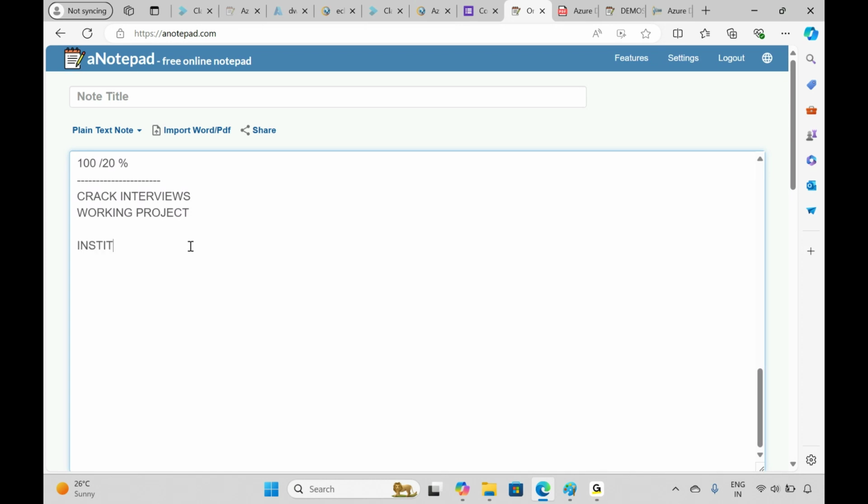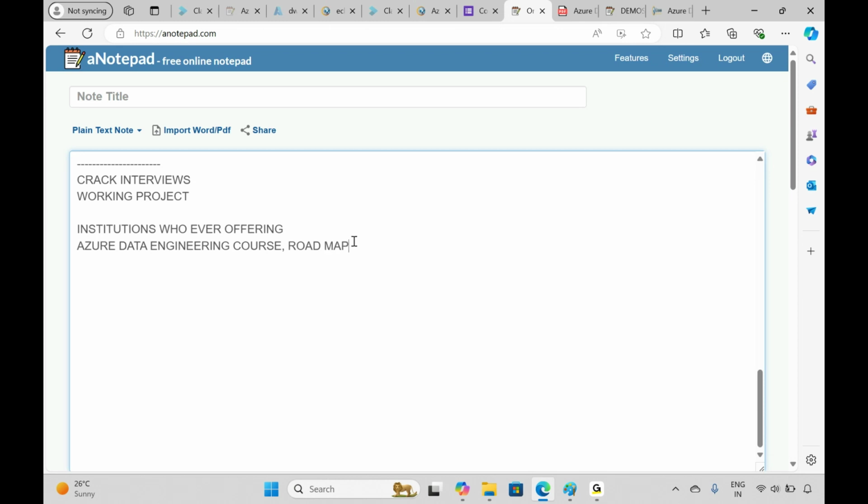The institutions offering this Azure data engineering course don't have a clear roadmap. That is the reason they were not able to perform all these things. They were not able to crack the interviews. They were not able to work on the projects.